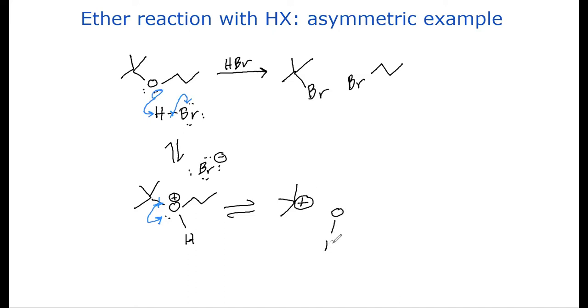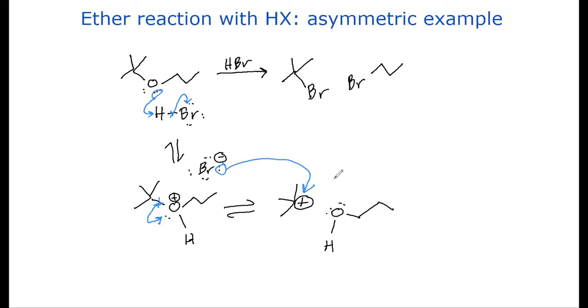It also gives us our neutral alcohol as a leaving group. Notice that we have not yet used the bromide that was formed here in that first step. We can do that next, and of course what makes this an Sn1 reaction is the fact that Sn1 and E1, as we say, are unimolecular.